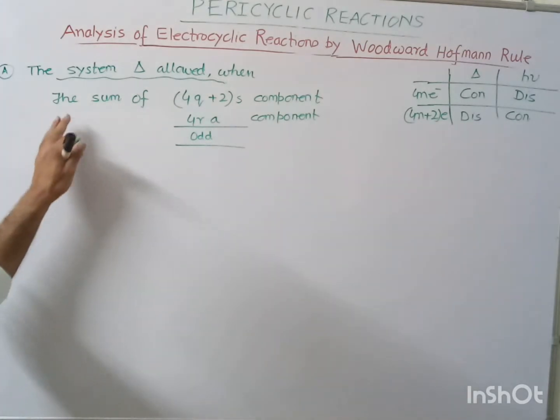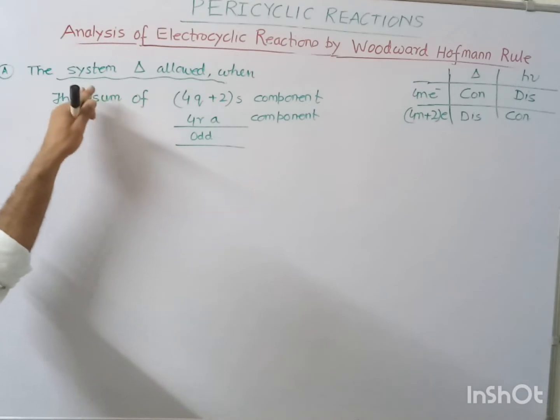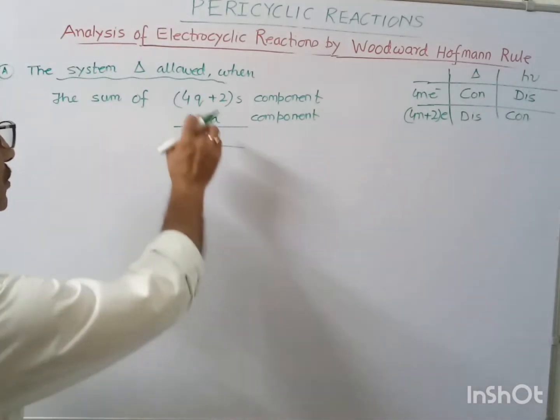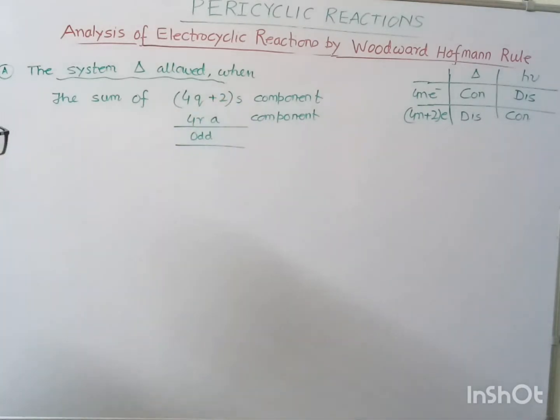If the sum of these two components is odd, then the system is thermally allowed. Now what is this q, what is this r, a, s, that I will explain to you.